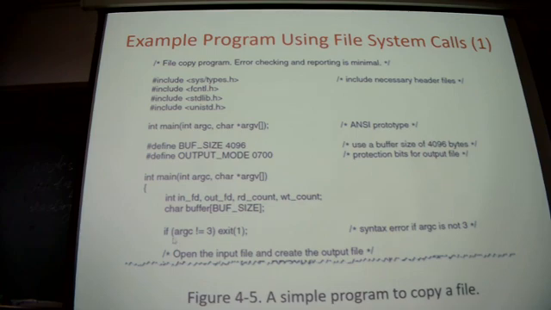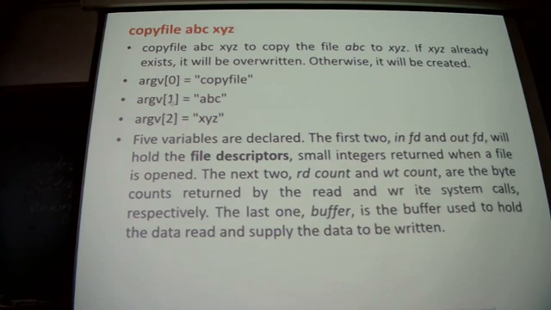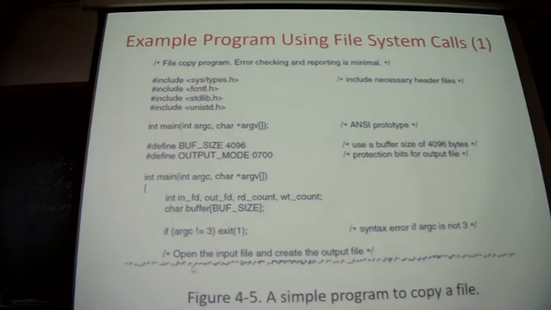First, if argc is not equal to 3, we just exit. It means we terminate the program. This is because there must be 3 items, so argc must be equal to 3.